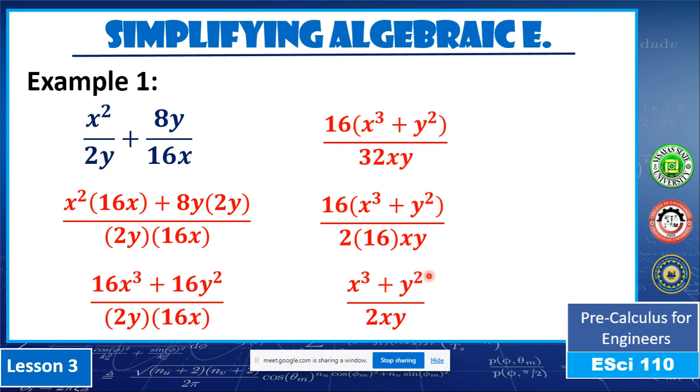So this is now the simplified form of our algebraic expression. Out of this, which was comprised of two terms, a binomial, our resulting expression is already a monomial since we simplified it.